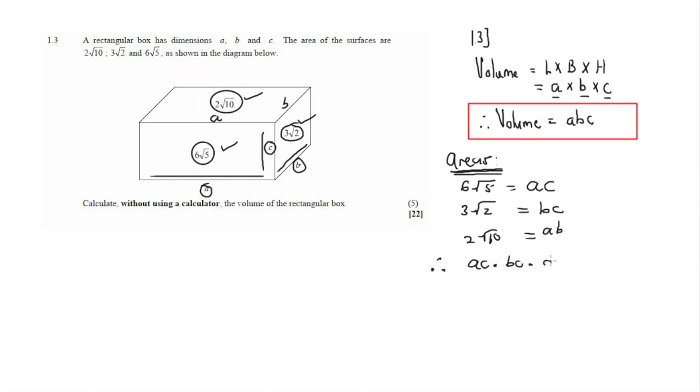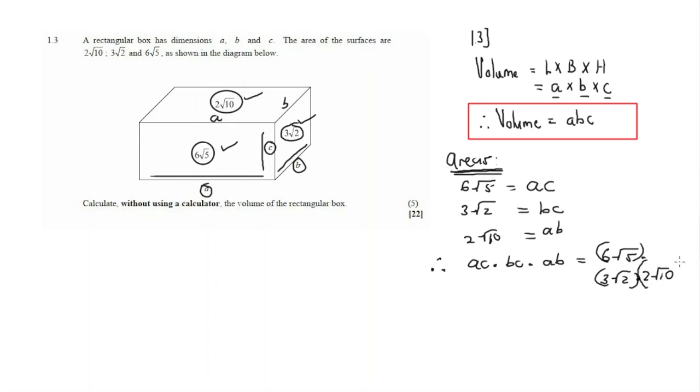BC times AB is equal to, let AC be 6 root 5 times BC, 3 root 2 times 2 root 10, or let me use my brackets again.